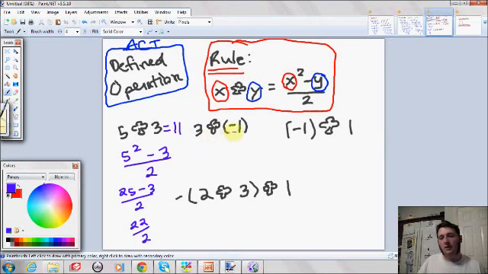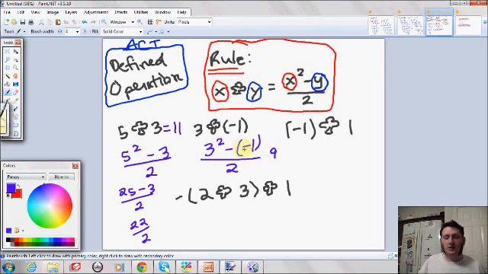For 3 clover negative 1, we would have 3 squared minus, and then parentheses negative 1, because when you substitute negatives, say hi cat, say bye cat, we'd have 3 squared minus negative 1 over 2. We've got to be careful with our negatives. 3 squared is 9.